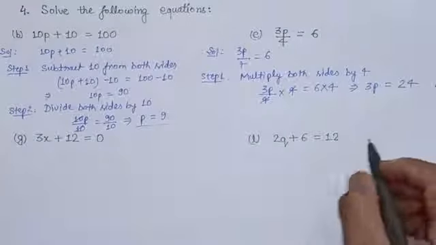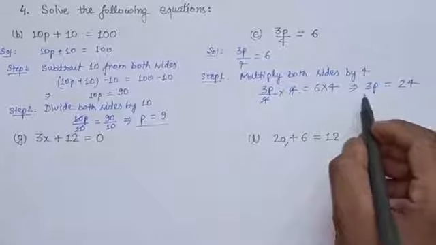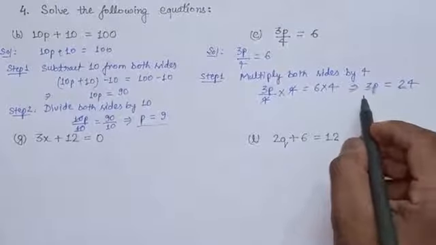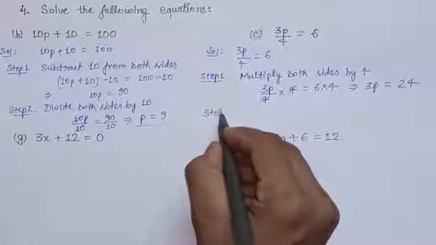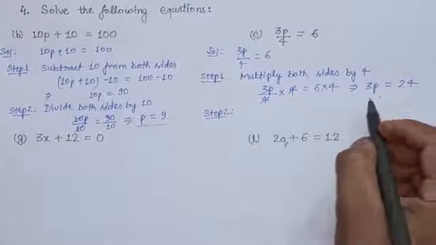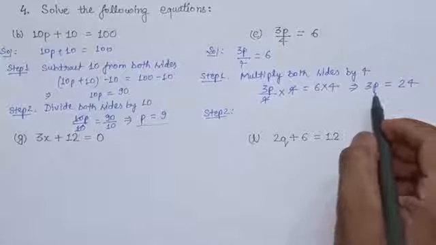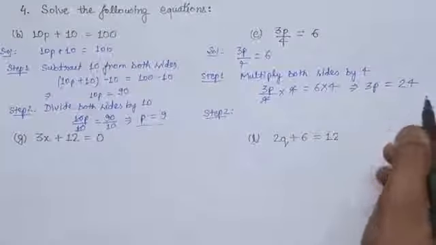But again you can see that here we have 3p on the left hand side instead of p. So what do we do? Step 2 is that we have to divide both sides of this equation by 3.